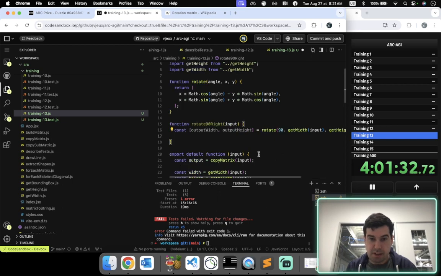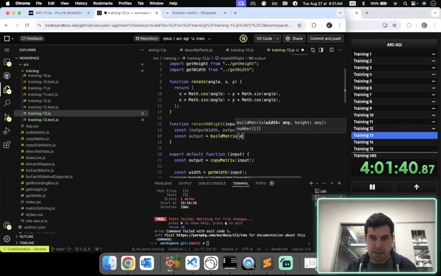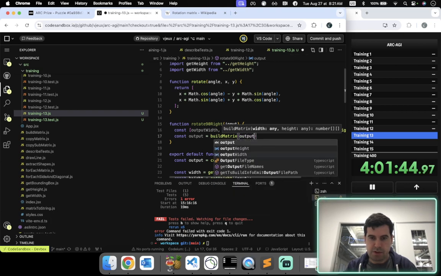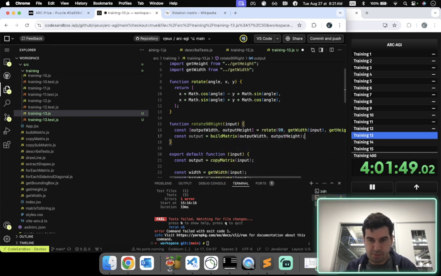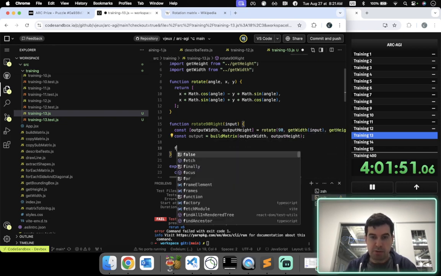Okay. And so now we can do the output equals build matrix, and so we want the output width, output height.